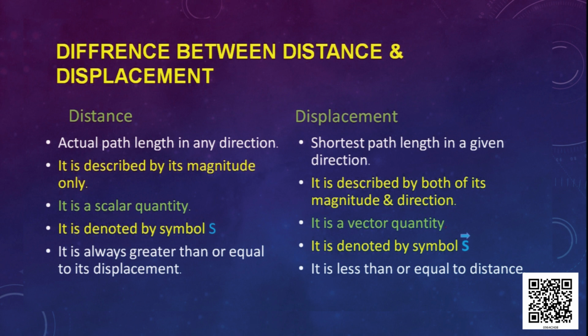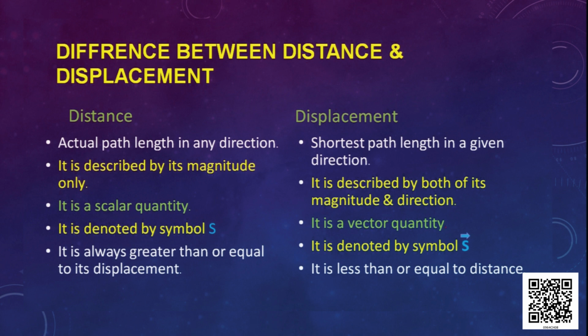How do you denote these quantities? Distance can be denoted by the symbol s, simple s. Displacement could be denoted by the same symbol s, but with an arrow mark on top of the letter s. So if you find an arrow mark on top of a letter, that physical quantity must be a vector quantity.